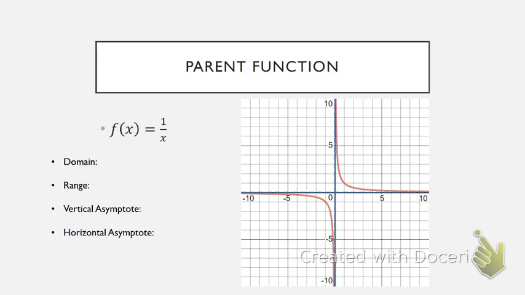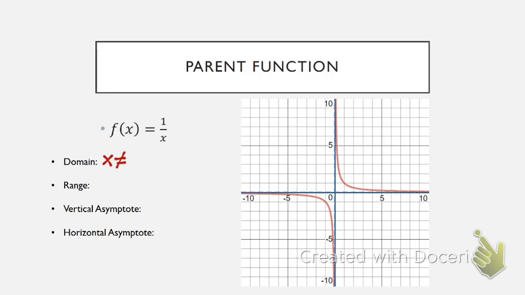So in a rational function, since we have an x in the denominator, any x value that makes me divide by 0 cannot happen. Any value of x that I plug into the equation that gives me 0 in the denominator, we're going to say for the domain that x cannot equal whatever that number is.